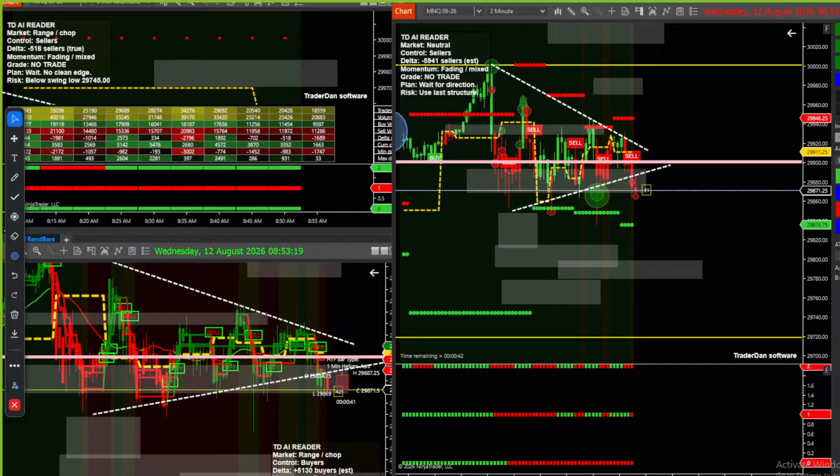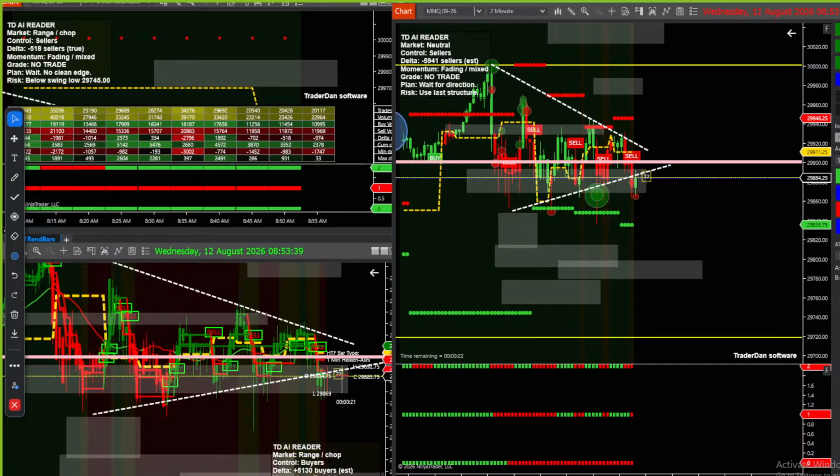Are they going to flush this bottom, guys? This is as ugly as it gets, man.